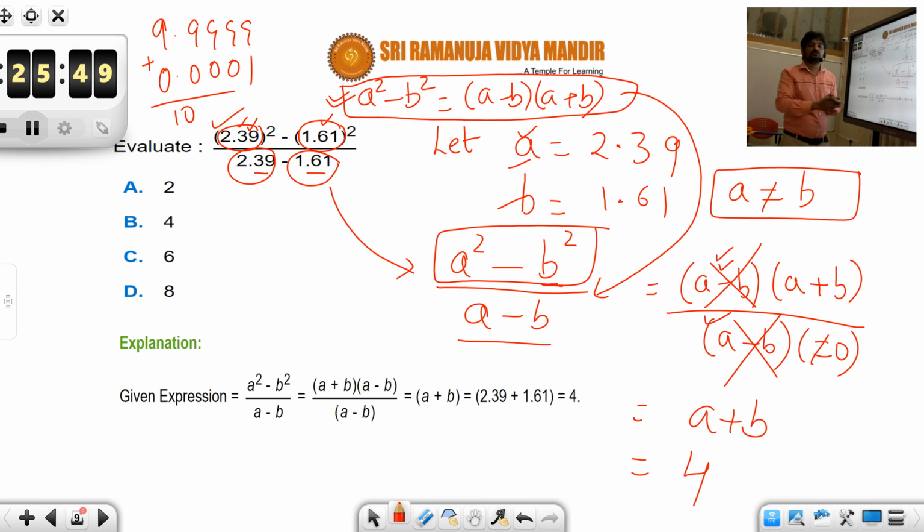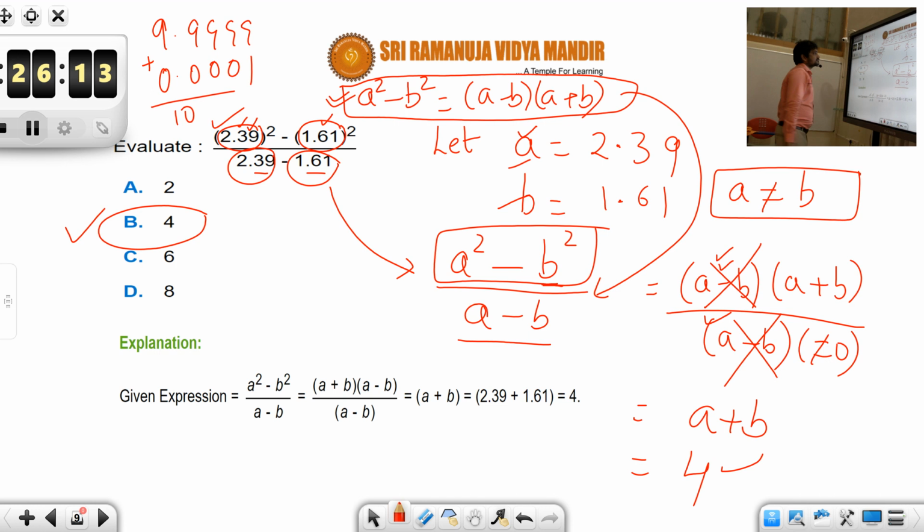So immediately by looking at the pattern, the algebraic identity a square minus b square is equal to a minus b times a plus b should strike you. Once this strikes, you are done with most of the answer. Here in this question we have got the answer as 4. So option B is correct.